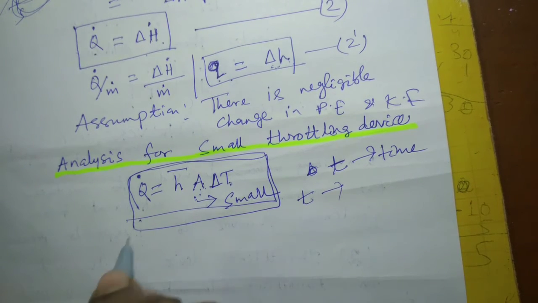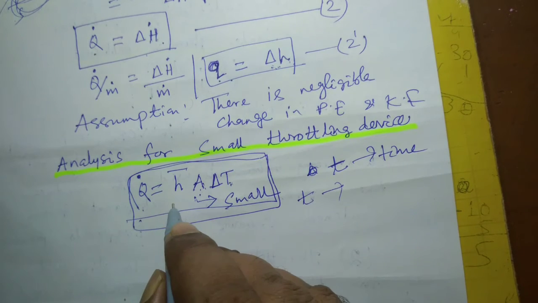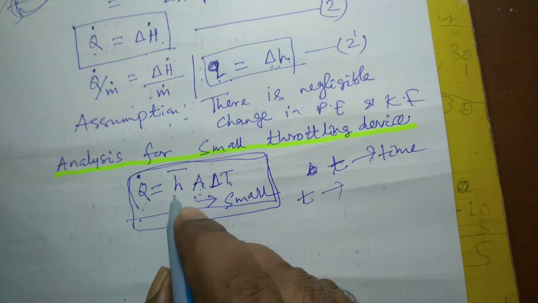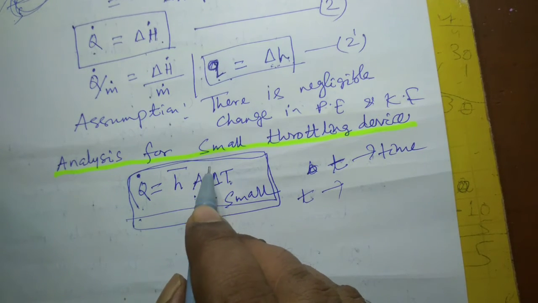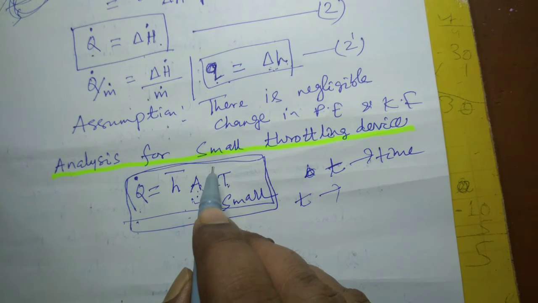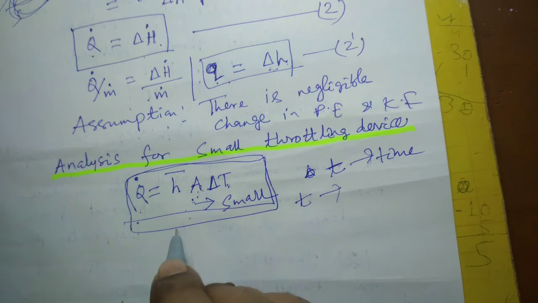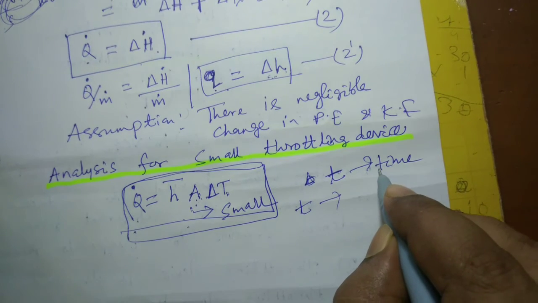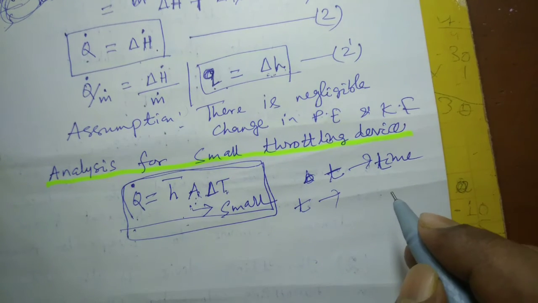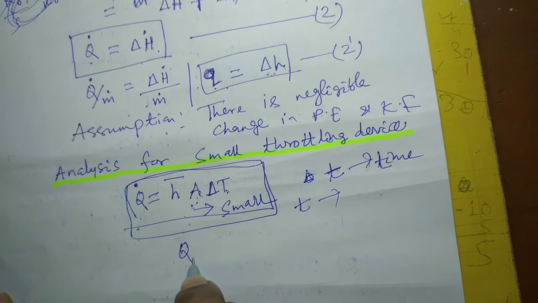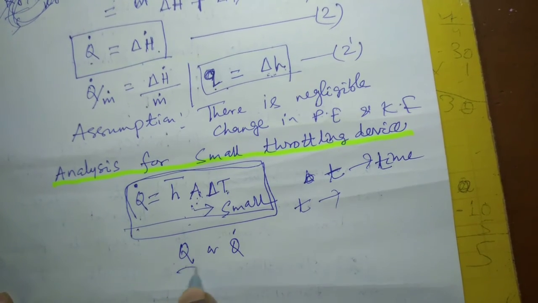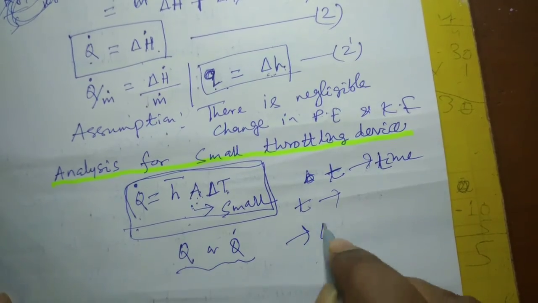So since this is a small device, there will not be enough time for any kind of effective heat transfer, either from the device to the surrounding or from the surrounding to the device. So that's why the Q or Q dot both can be assumed to be 0.